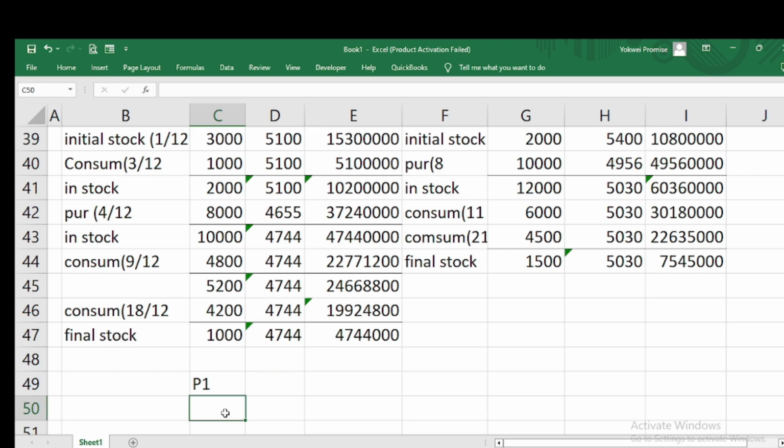Finished product P1. So we draw a table as usual. Element, quantity, UP, amount.